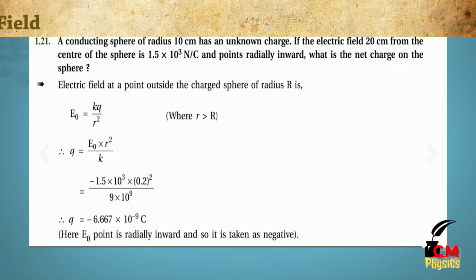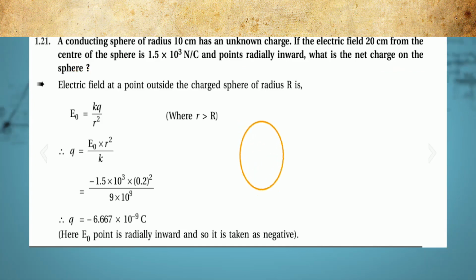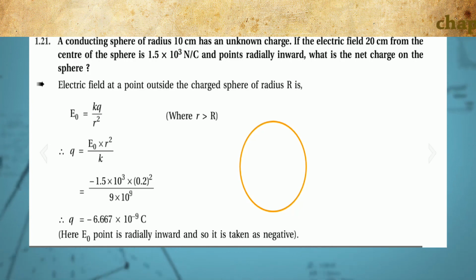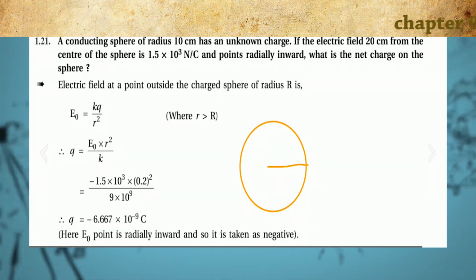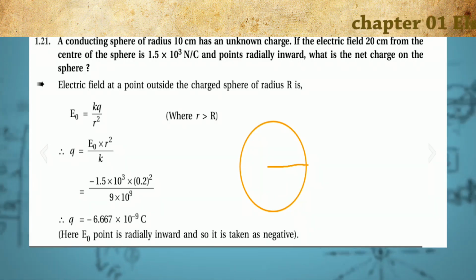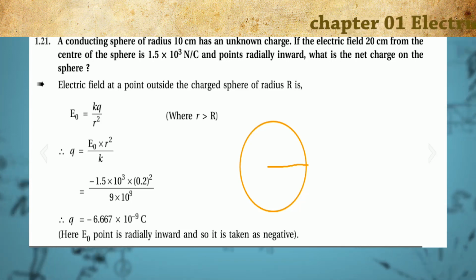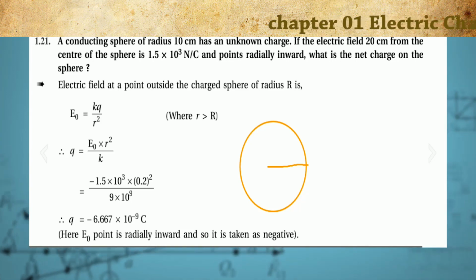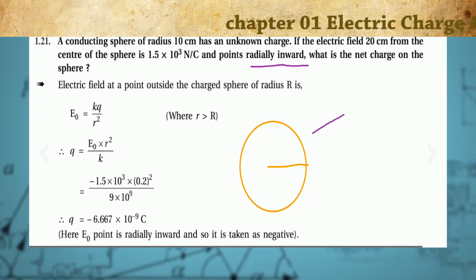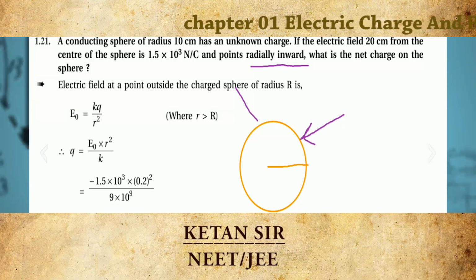We have a conducting sphere of radius 10 centimeter. The electric field is radially inward, which means the direction of the electric field is inward.